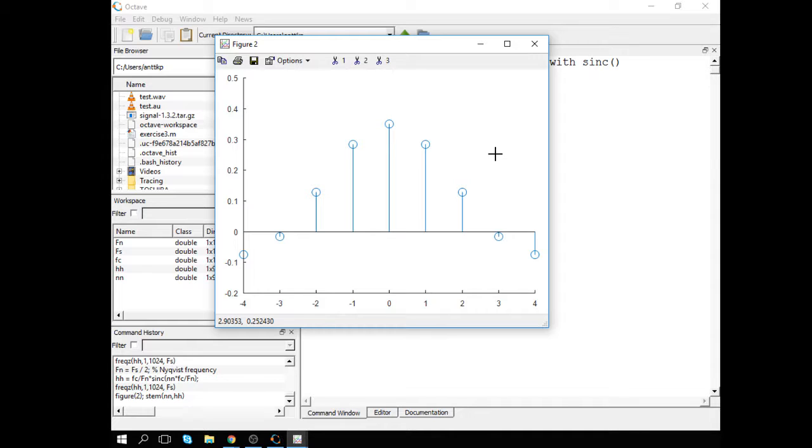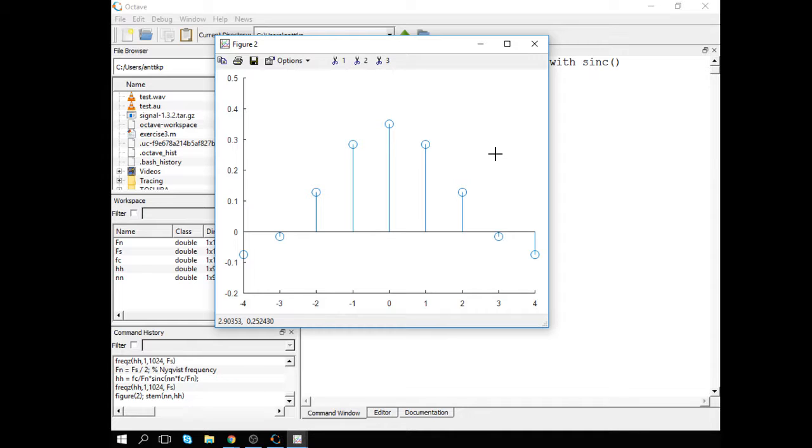I can actually, for example, make a triangle window and see how this one would affect. So triangle window from -4 to 4 would be, here we have, let's see, 1, 2, 3, 4. So this is 1/5, 2/5.